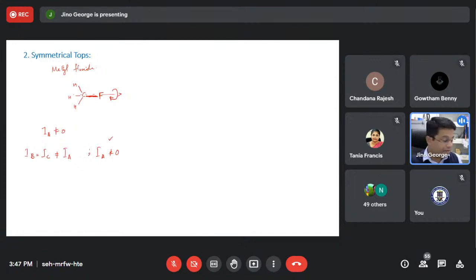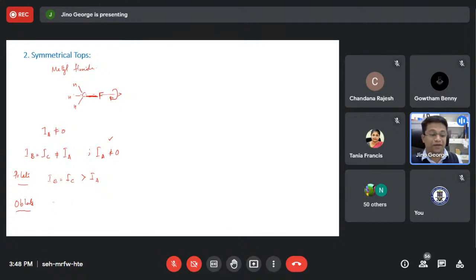But here there are two categories. One is called prolate symmetric, the other is oblate symmetric. I am not going to touch it in detail, but you will see what I will be doing here. For a prolate system, for example methyl fluoride, IB equals IC, which is greater than IA.